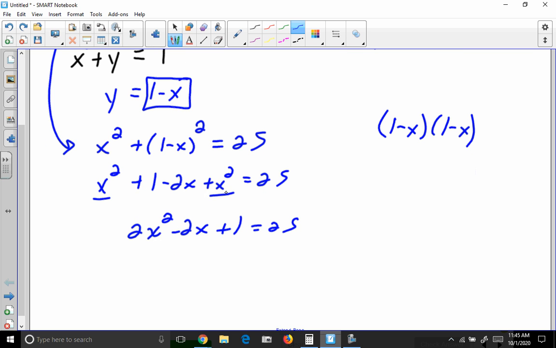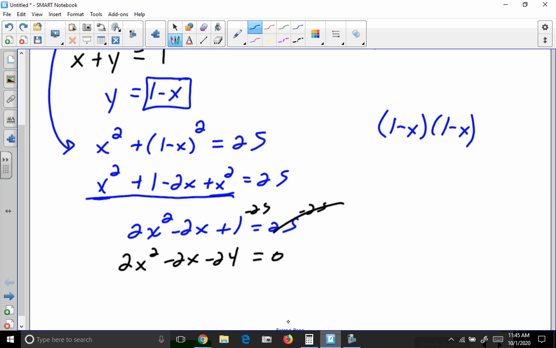So we just collected like terms and put the left in descending order. Now, since this is quadratic, x to the second, we want to get everything on one side, so take away 25 from both sides. So that's going to give us 2x squared minus 2x minus 24.